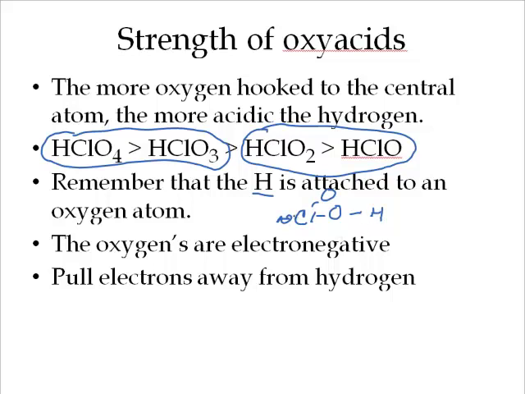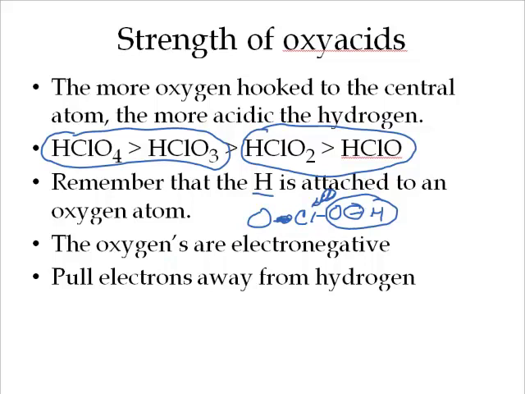That's not a very good drawing. In fact, my organic chemistry professor would probably shoot me if he saw that. But anyways, let's draw it like that. That's a little better. So the fact that this H is attached to the oxygen is going to determine how acidic this molecule is. Oxygens are more electronegative, and they're going to pull away from this bond right here.